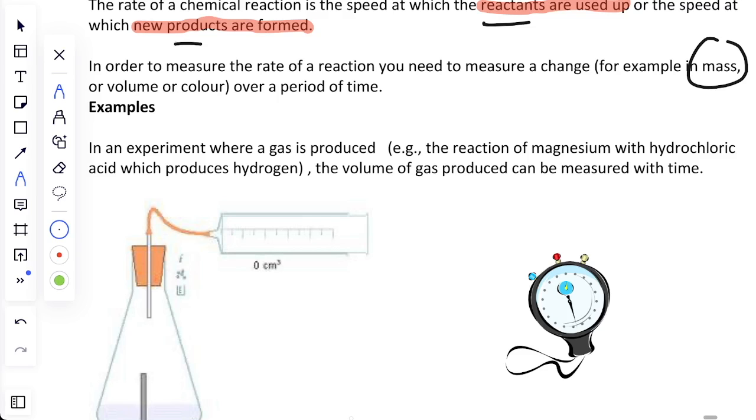How fast does the mass change between reaction 1 and reaction 2? How fast will the volume change compared to reaction 1 to reaction 2? How fast is there a color change? If there is a color change fast, that means the rate of the reaction is fast. So the vital aspects here are mass, volume, and color. Those are just some examples of how you can measure the rate of the reaction.